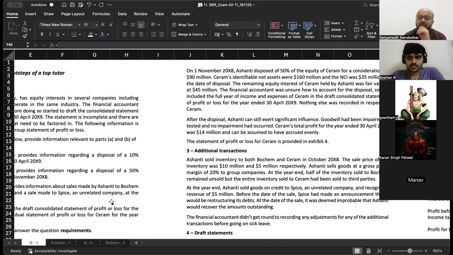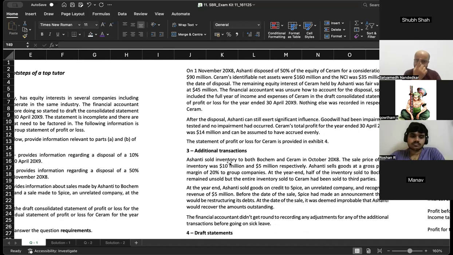Now with that in mind, let's try to understand ki if this has happened, how should the accounting treatment be or what all should happen in the consolidated statement of P&L? Who can tell me? Yes, Shubh. Yes, sir.